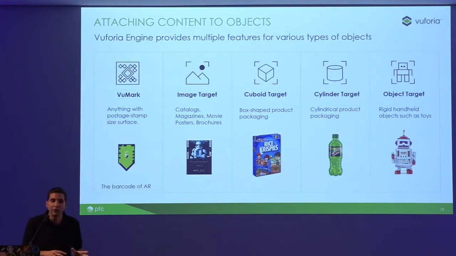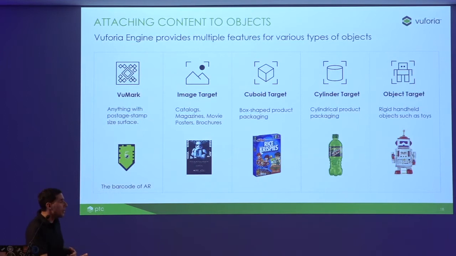These are also really good for unlockables for toys or board games, to unlock any kind of digital content. Image targets are our most popular targets. Like I mentioned before, they allow us to augment posters, books, cards, playing cards, and all sorts of things. They're incredibly popular.